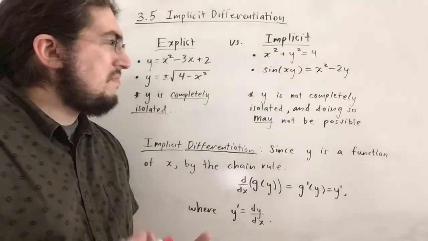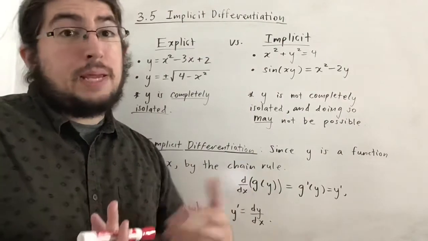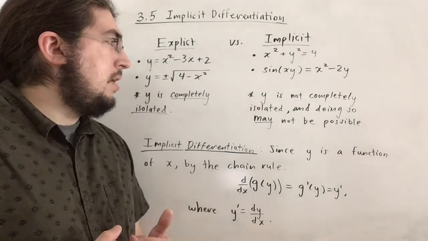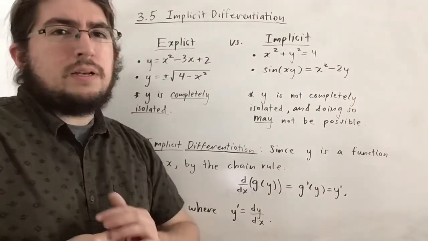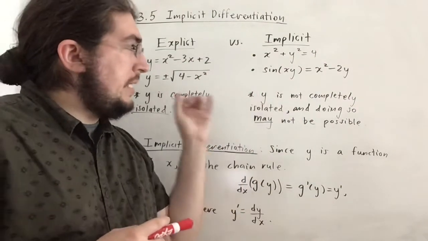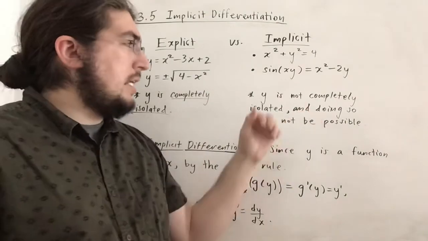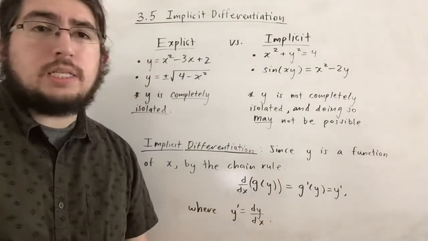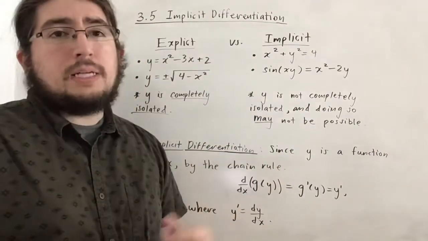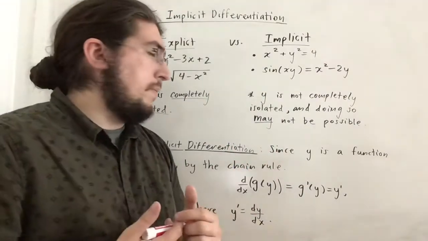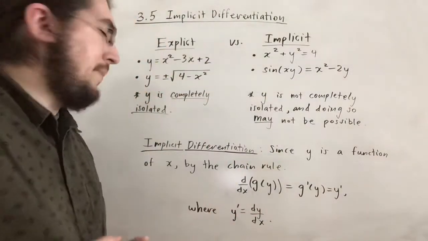So there may be some trickery you can possibly do to get y by itself, but in any event, implicit is the case where y is not completely isolated, and isolating y may not be possible, kind of like in the second example.